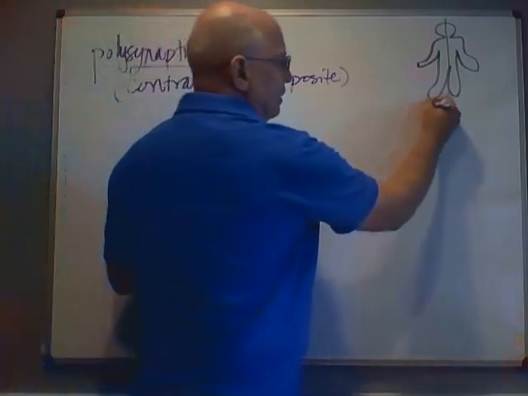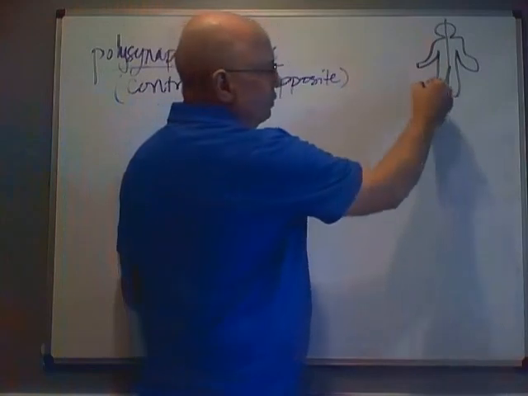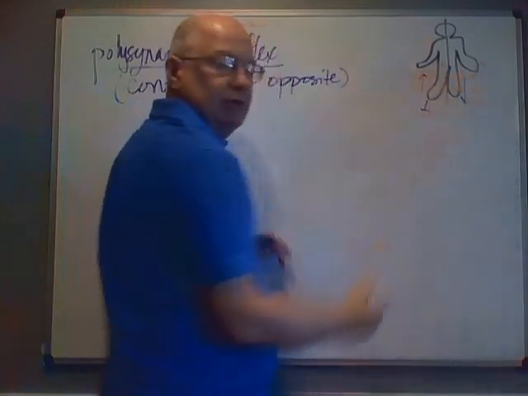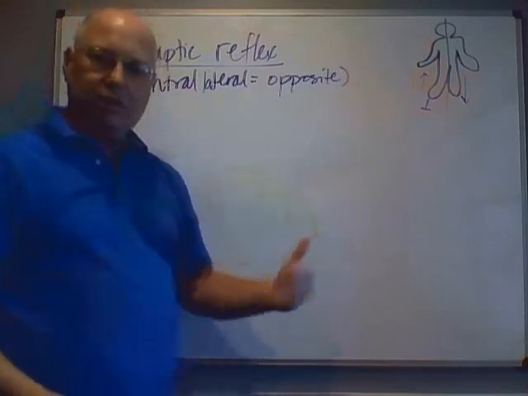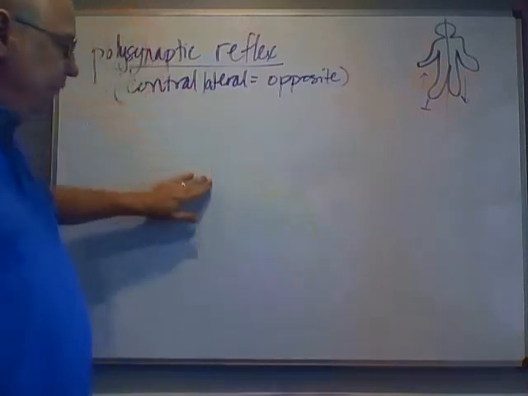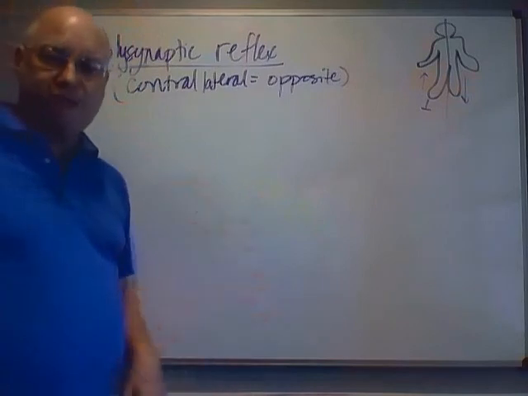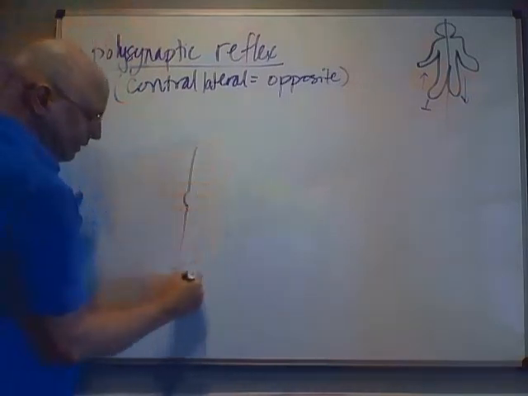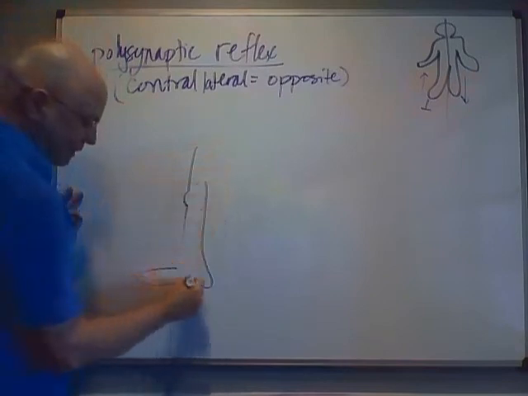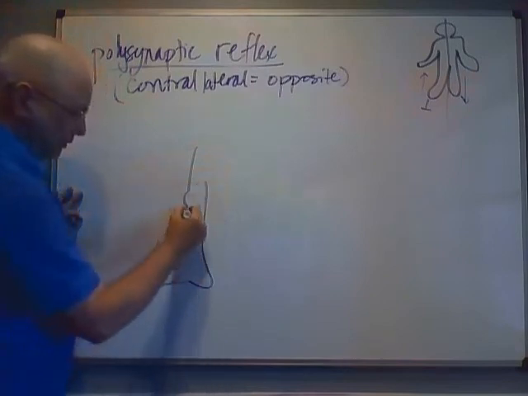If I step on a nail on this foot, I want to withdraw this one. I want to extend the opposite foot. So crossed extensor reflexes are contralateral. They involve the legs, and there's even more synapses. So look, here's a knee and a foot. Here's someone's leg, okay? Not the prettiest leg I've ever drawn, but oh well.